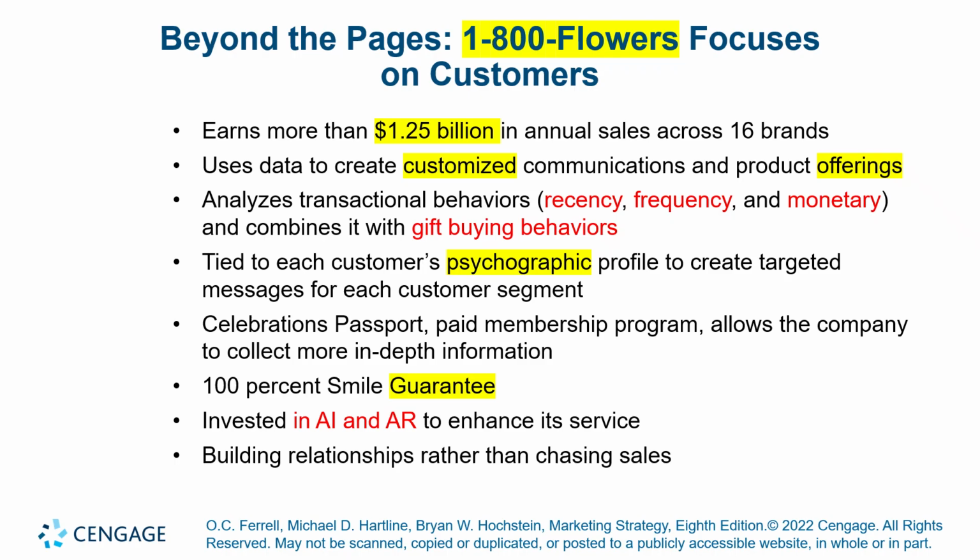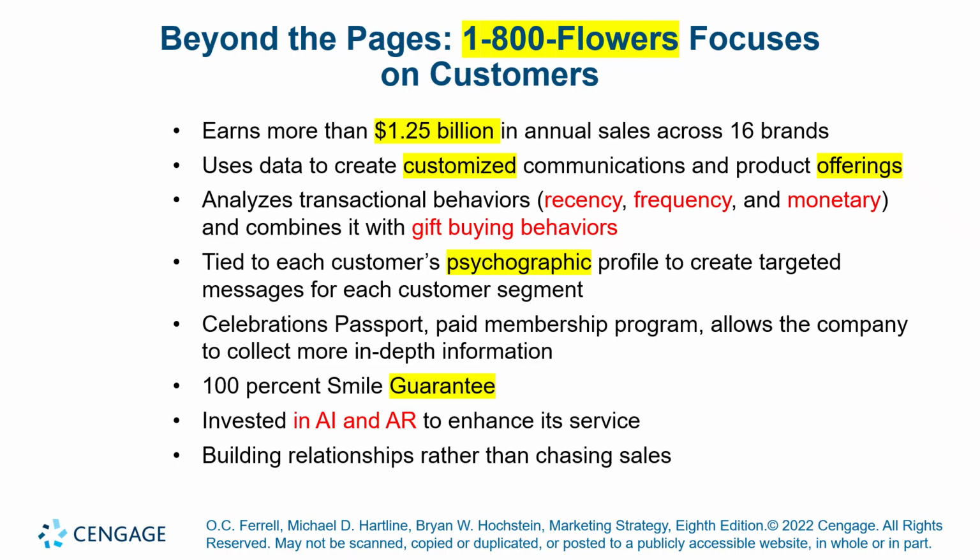They analyze transactional behaviors using terms like recency, frequency, and monetary. Recency is how recently you purchased their product, bought flowers for somebody, and how frequently you do that, frequency, and monetary.